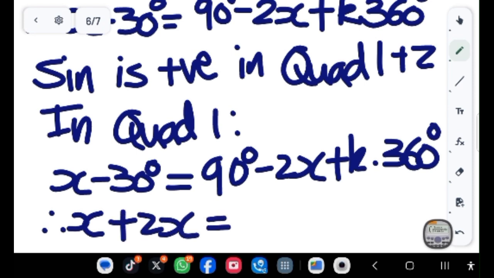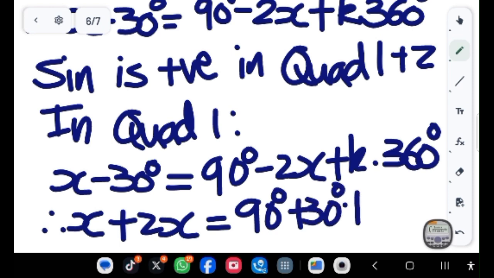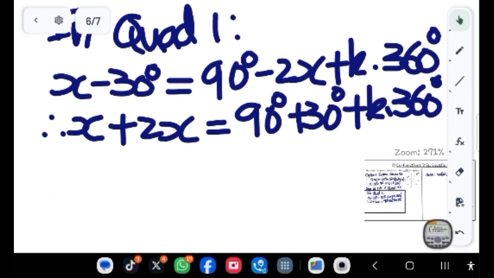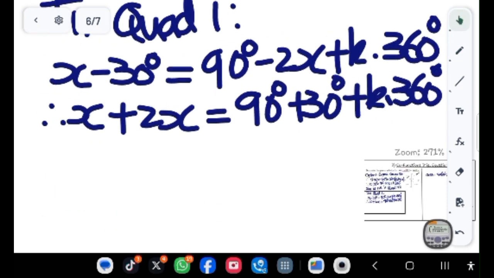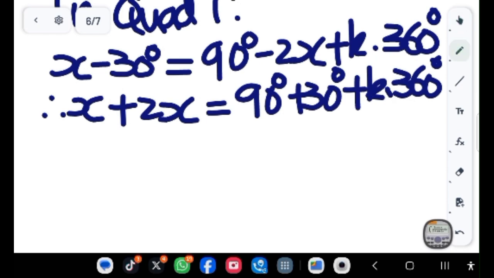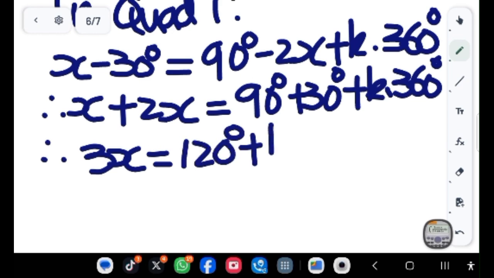That will be 90 degrees plus 30 degrees plus k times 360 degrees. In the first quadrant, it's just the reference angle, so we're not adding anything, we're not changing anything. So that becomes 3x equals 120 degrees plus k times 360 degrees.